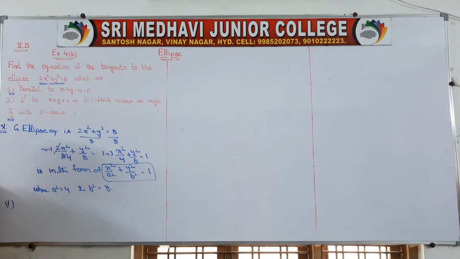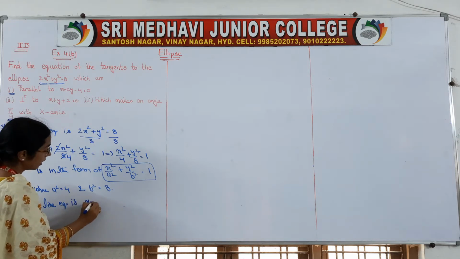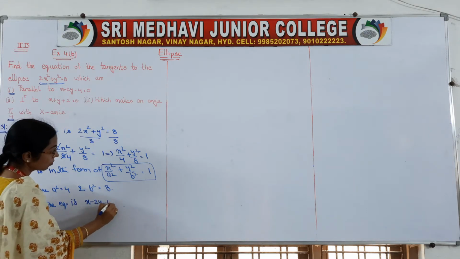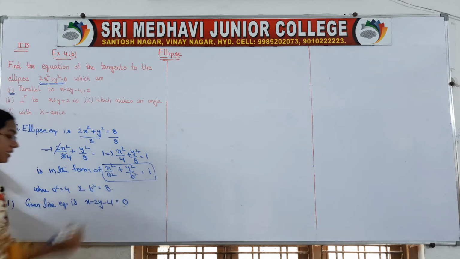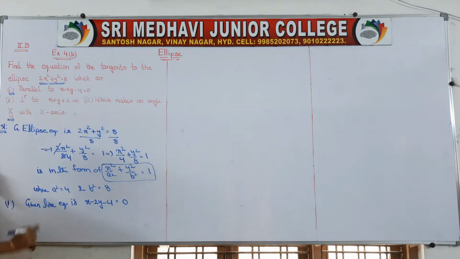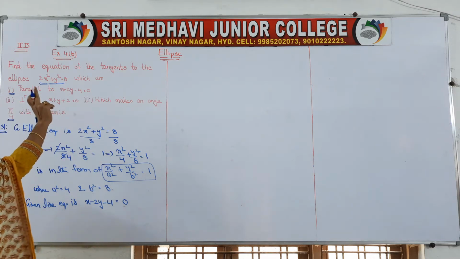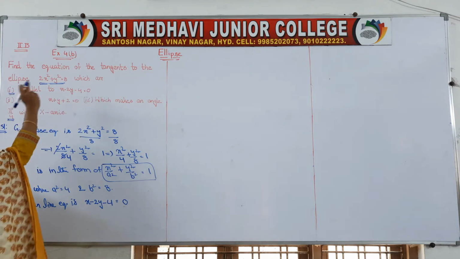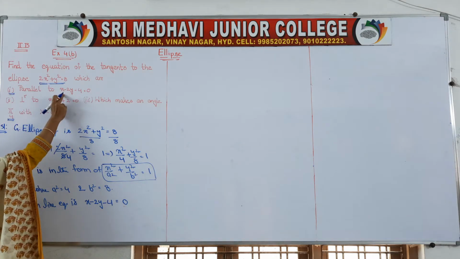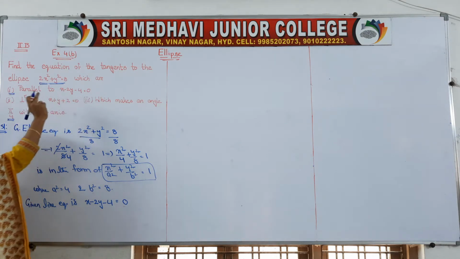So what is the given line equation? It is x minus 2y minus 4 is equal to 0. We have to find the equation of the tangent to this ellipse which is parallel to this line, right.